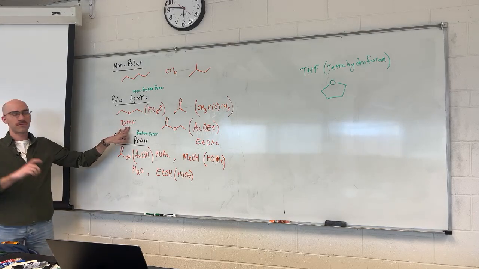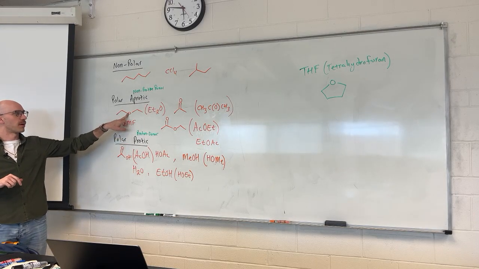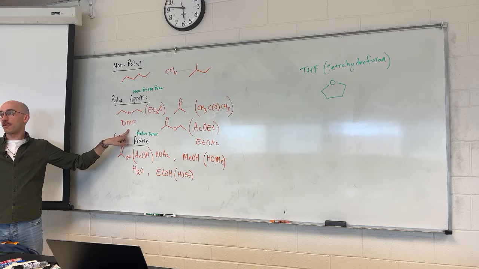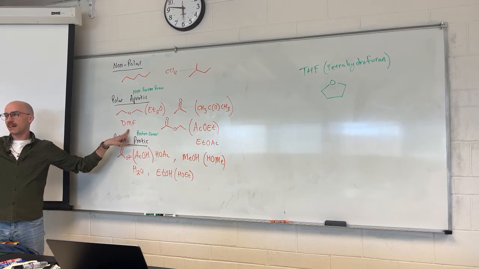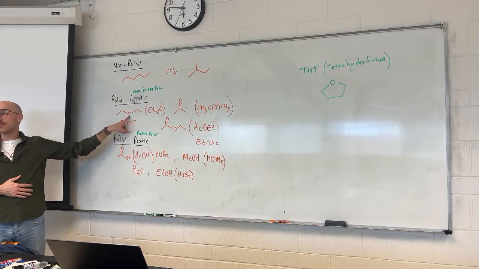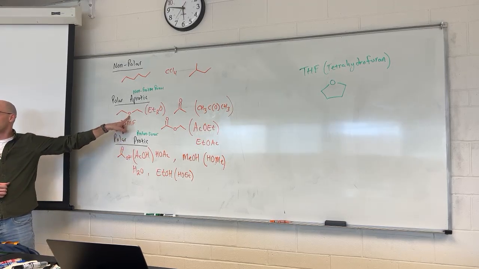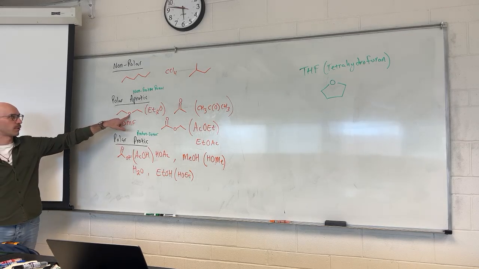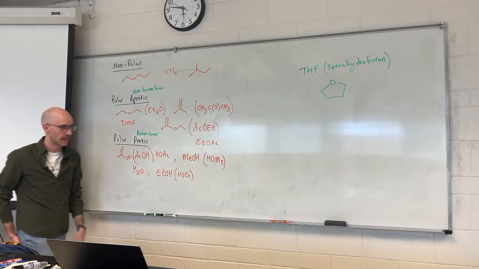Not quite. DMF, are you saying DMF or the one above it? Yeah, DMF was dimethylformamide. So it had an aldehyde and a nitrogen. But this looks like diethyl ether because it's got an ether functionality in it. Polar, aprotic. THF is fairly inexpensive, easy to use. But if we were running it, we'd probably use diethyl ether instead.